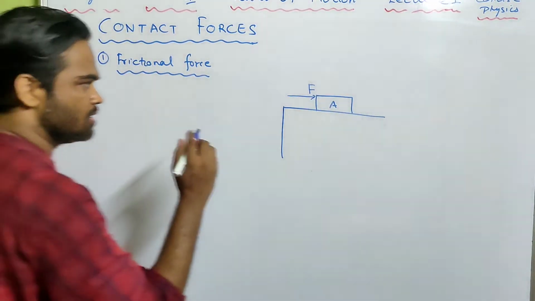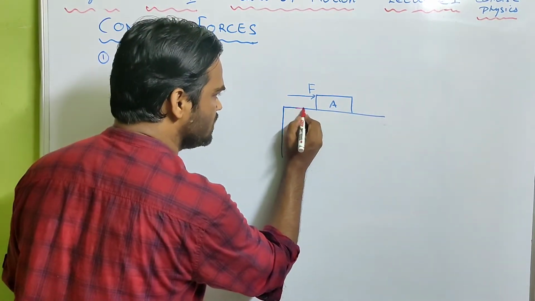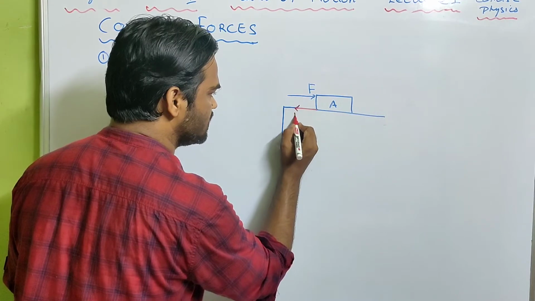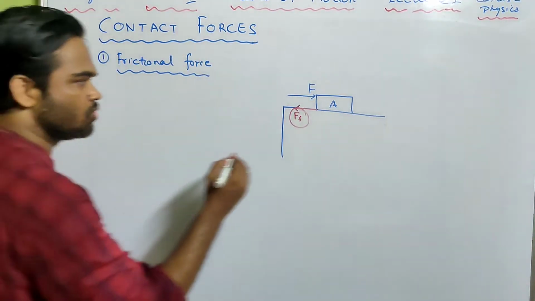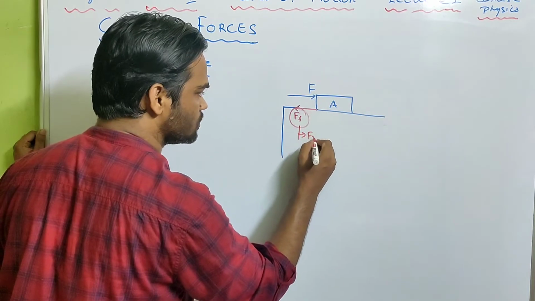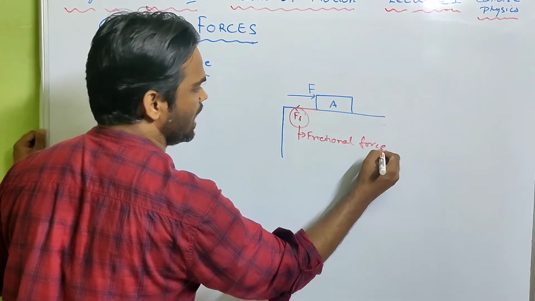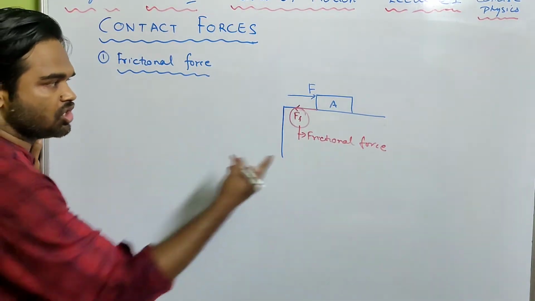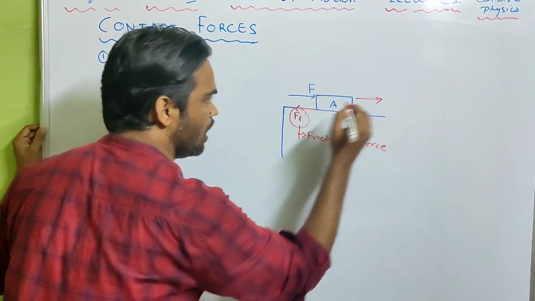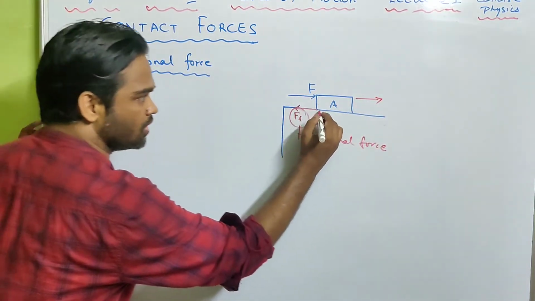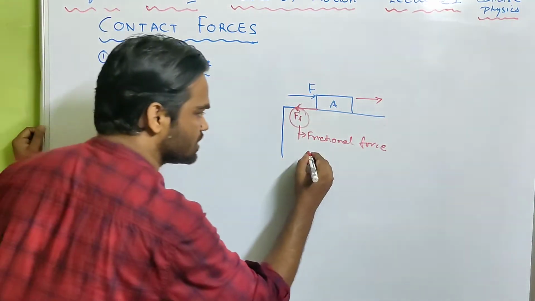Then an opposing force, a resistive force, F_F I've written, which is known as frictional force, acts in the direction opposite to the direction of motion of the body along the surface in contact, and it's a resistive force.